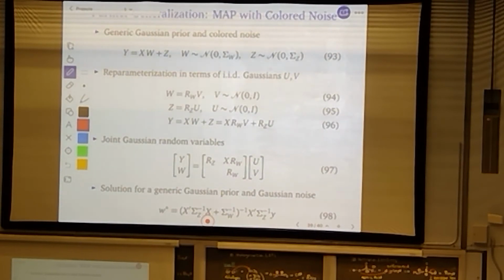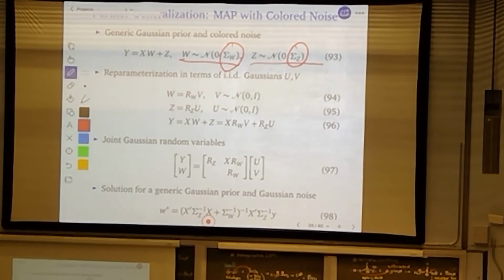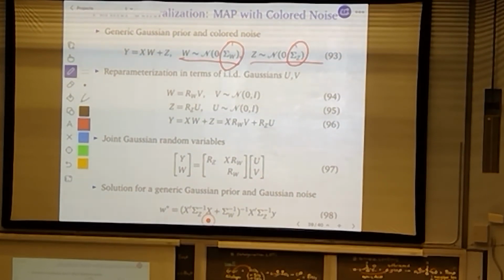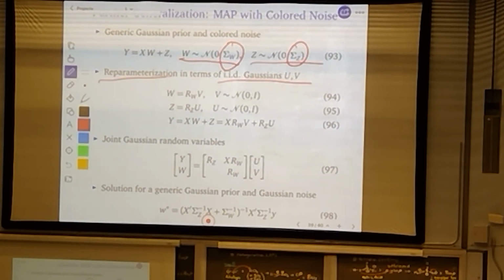So we have a further generalization where we have MAP with both generic prior and colored noise. So these are both generic. And in this case, again, you use this reparameterization trick.